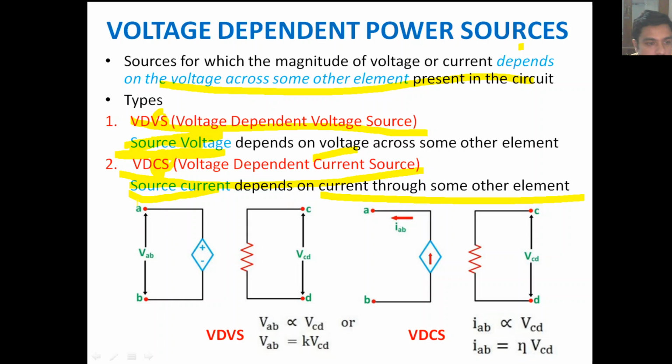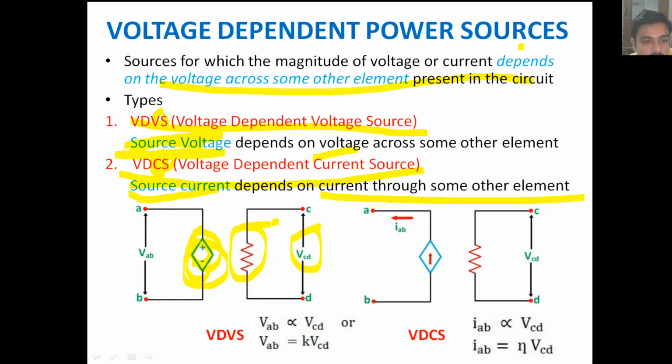Now I have given two reference circuits from which we can see how to describe the VDVS and VDCS. In this case we have a resistance with some voltage VCD across it, and whenever VCD changes, the output voltage, the source voltage, also changes.